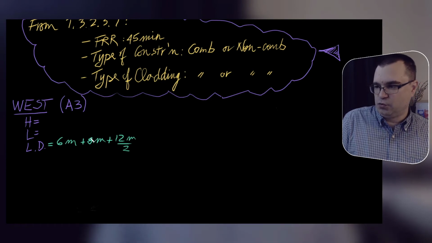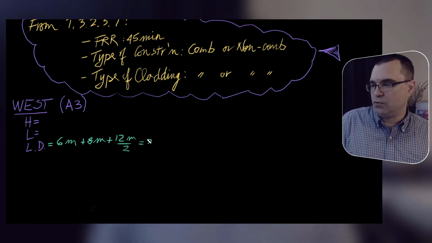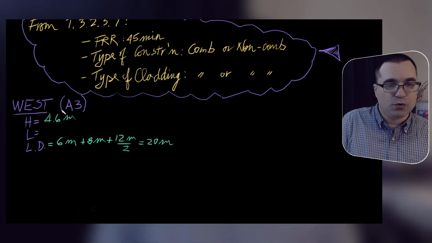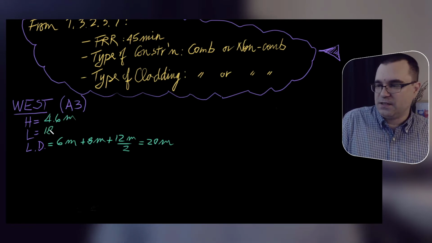That's going to be 12 plus 8 equals 20. The vertical dimension is 4.6 meters, and the horizontal dimension is 18.6.